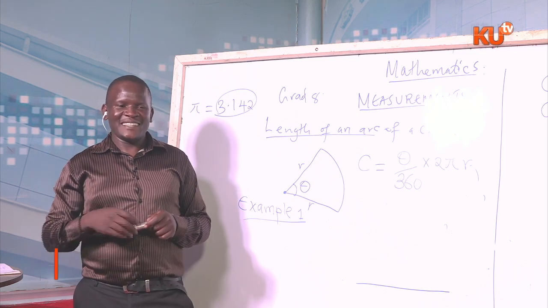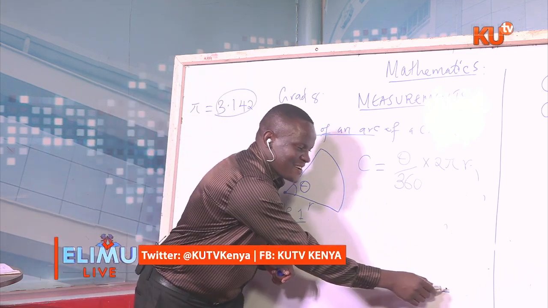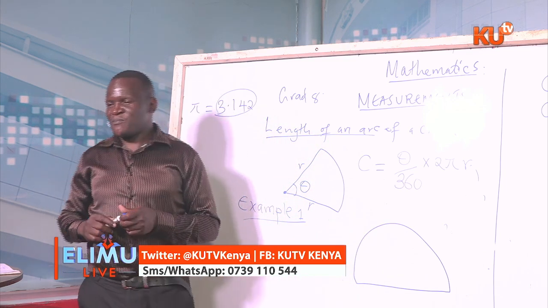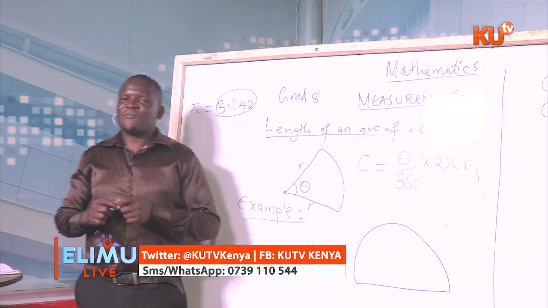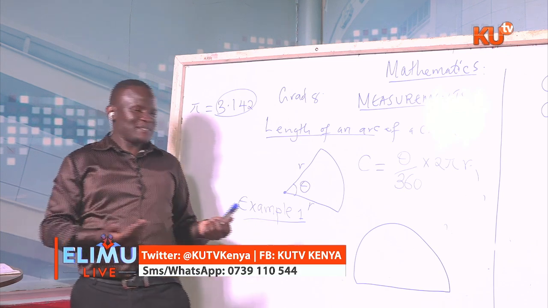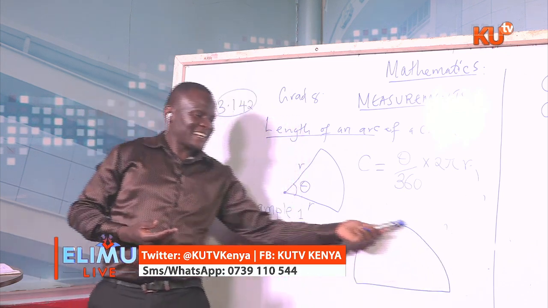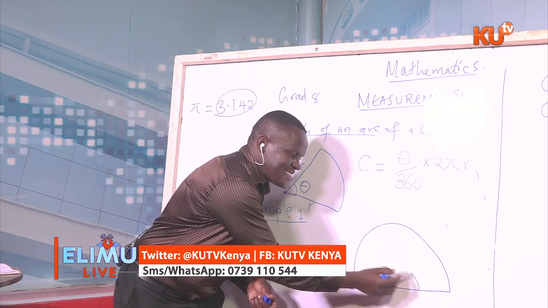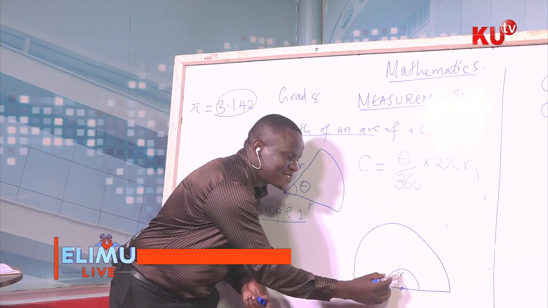In other words, they had given us a semicircle. A semicircle is a figure that is subtended by this arc by an angle of 180 degrees.